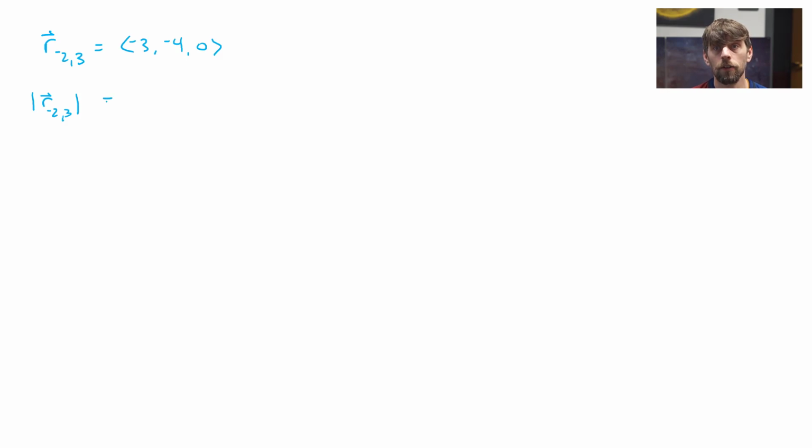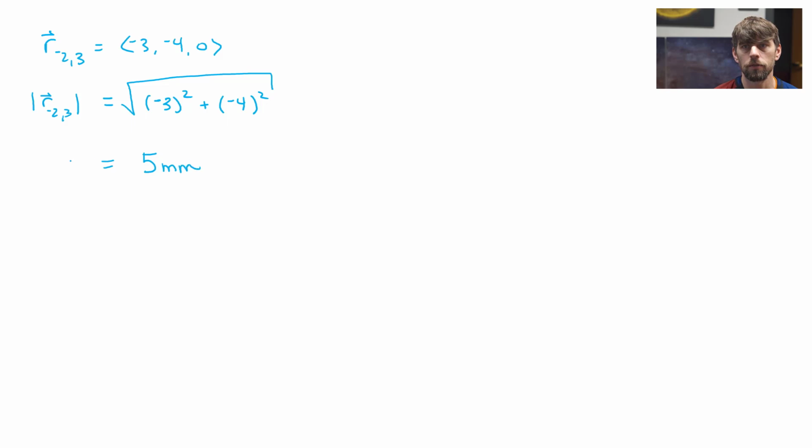We take each of the components and square them, add them together, and take the square root of that. Of course, I've conveniently chosen a vector triplet, so the numbers work out nice and round, but you know how to approach this regardless of how ugly the numbers could be. So at the end of the day, the magnitude of this relative position vector is 5 millimeters.